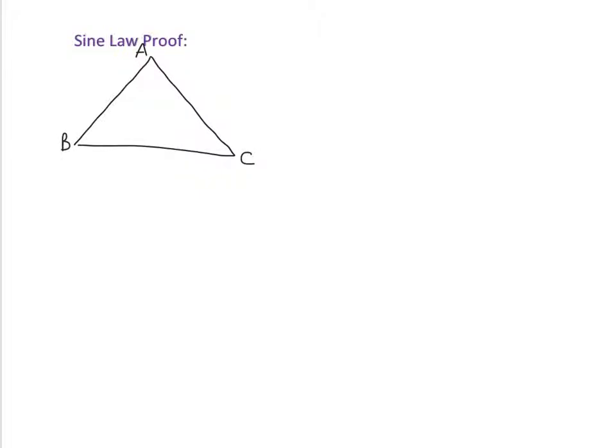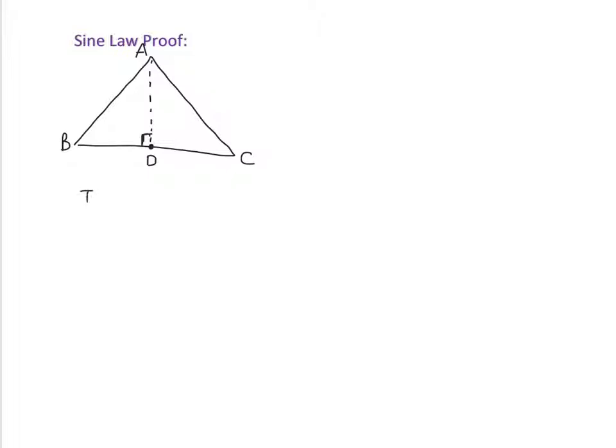And what we do is we add a vertical height to it, a line, and we say that it meets line BC at point D. And we drew it in such a way that it makes a 90-degree angle with that base of the acute triangle. Because we drew it that way, we have 2 right-angled triangles that we can use to help us prove the sine law for the bigger acute triangle.